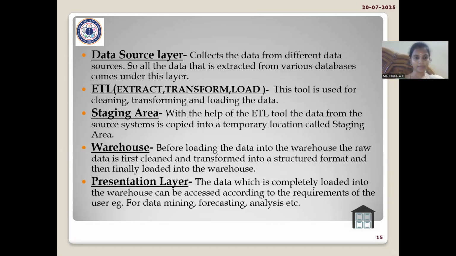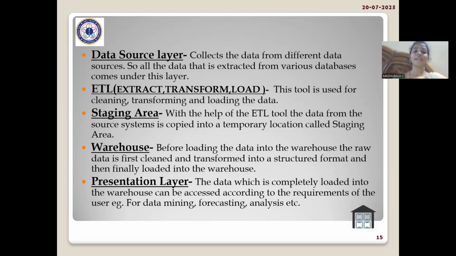Transform means the extracted data is cleaned, converted, and formatted to meet the specific requirements of a data warehouse. This might involve data cleaning, data validation, data aggregation, and data enrichment. And the last one, load. Finally, the transformed data is loaded into a data warehouse where it can be accessed and analyzed by users.